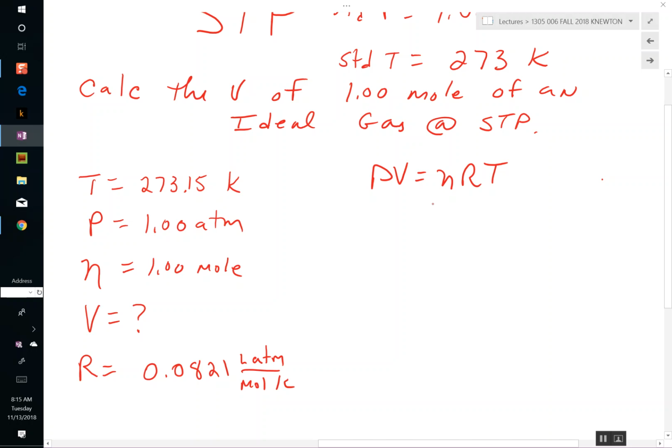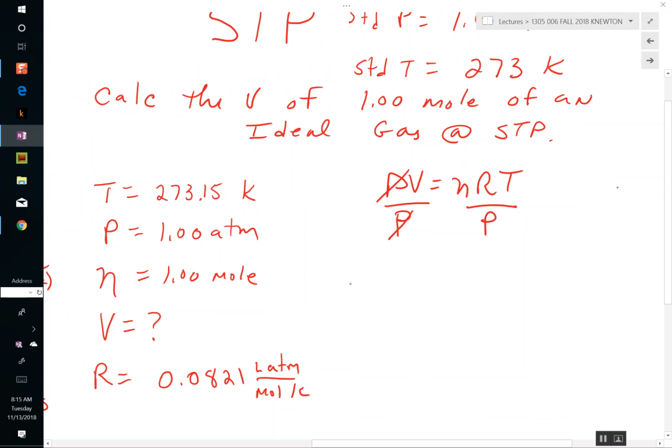All right, since volume is our unknown, we want to isolate volume and get this expression: volume equals nRT over P. So we have 1 mole times 0.0821 liter atmospheres per mole Kelvin.